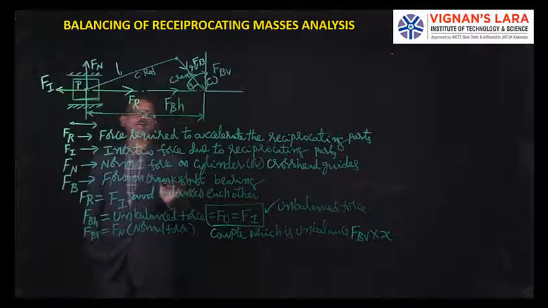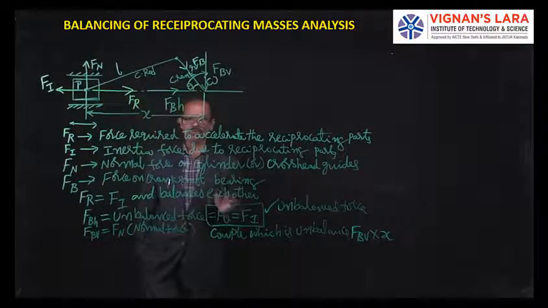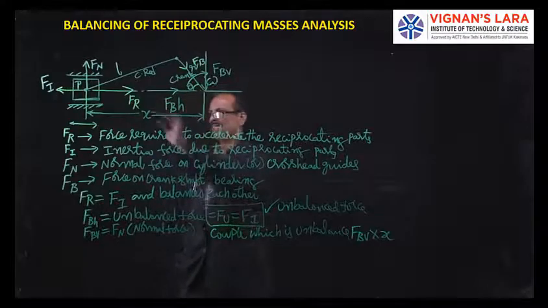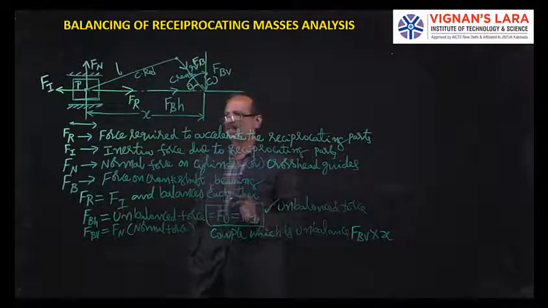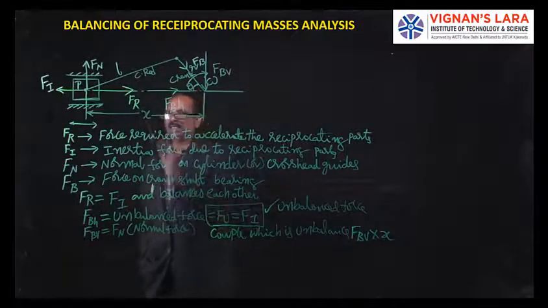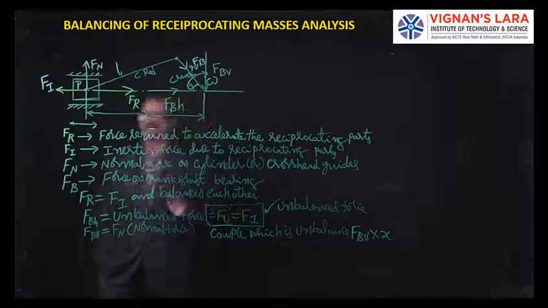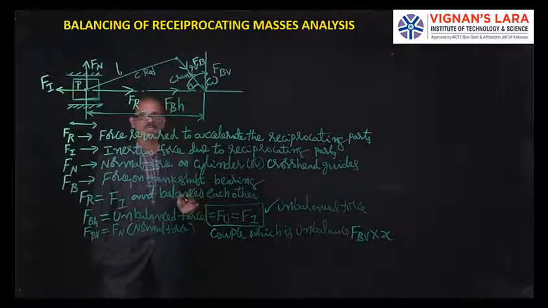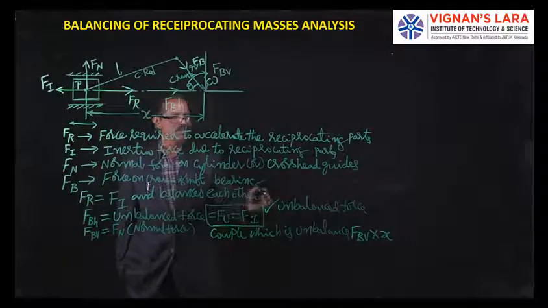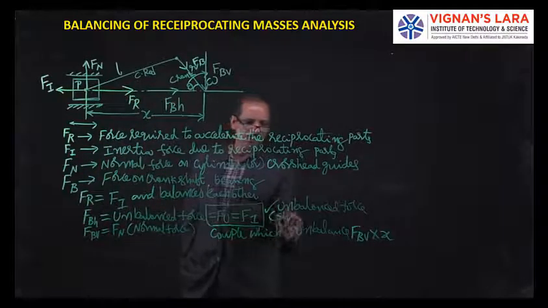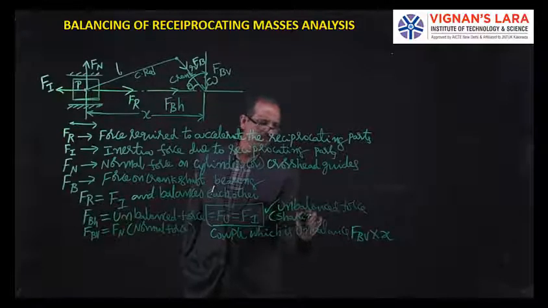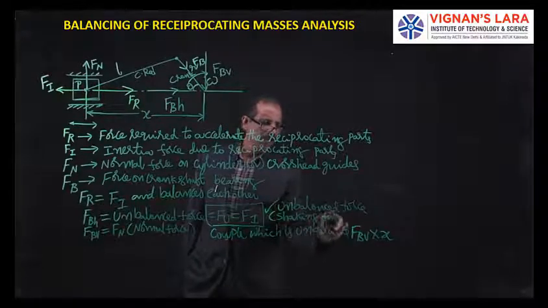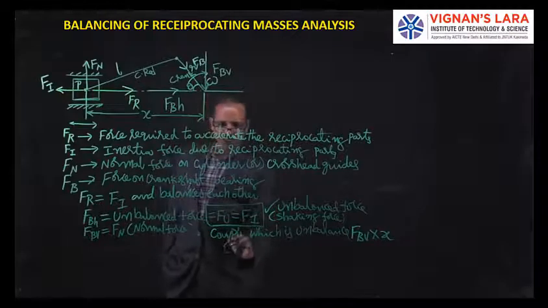Okay, so this is the unbalanced force and unbalanced couple that exists in these reciprocating parts, in the case of either a steam engine or an IC engine, where the piston is a reciprocating part. So this unbalanced force is a shaking force, and this unbalanced couple is a shaking couple.